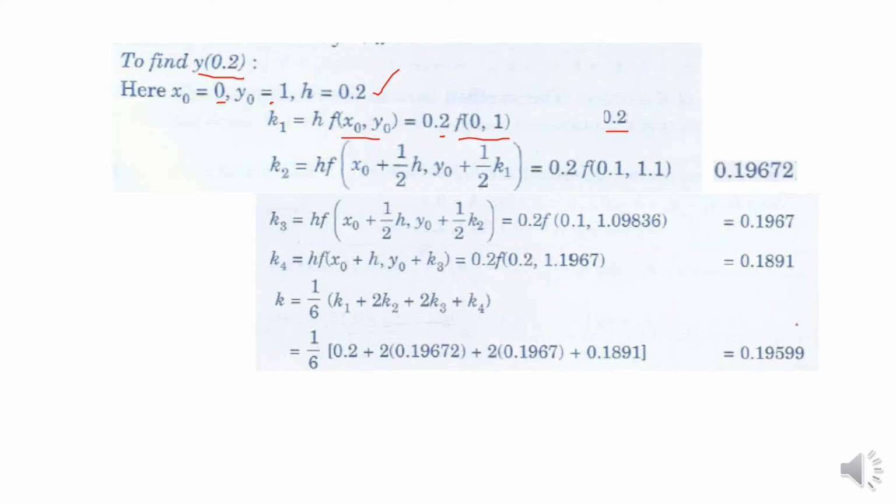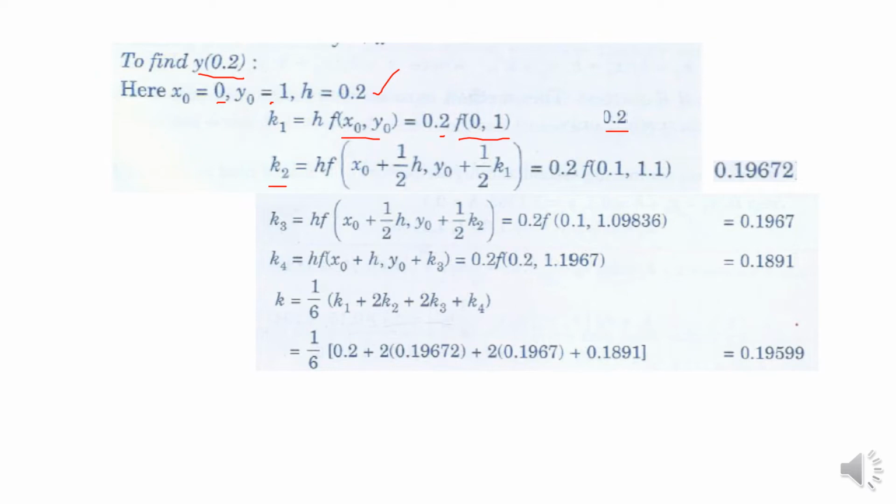The second part, that is k2, has this formula, h f(x0 plus h by 2, y0 plus k1 by 2). So k1 we have got 0.2, so here x0 is 0 plus 0.2 by 2, that is 0.1, y0 is 1 plus k1, 0.2 upon 2.